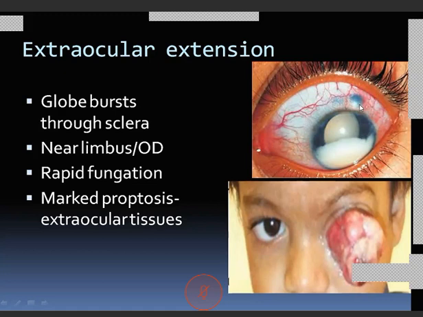It may be near the limbus or at the optic disc area. When it comes out, there will be rapid fungation with marked proptosis and involvement of the extraocular tissues. So that is extraocular extension, where even the orbital tissues are involved.